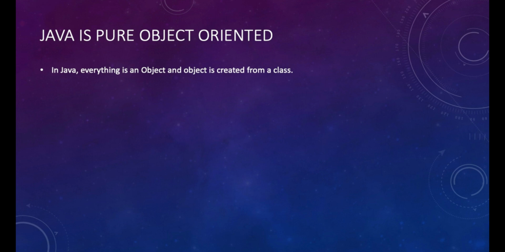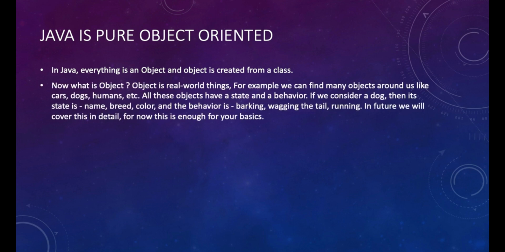I will discuss that later, but for now, what is an object? Object is any real world thing. That can be a car, a dog, a human, a door, an office, any real world thing.